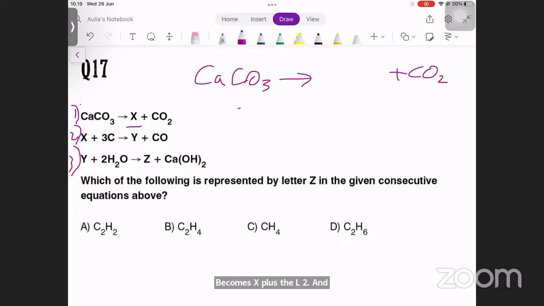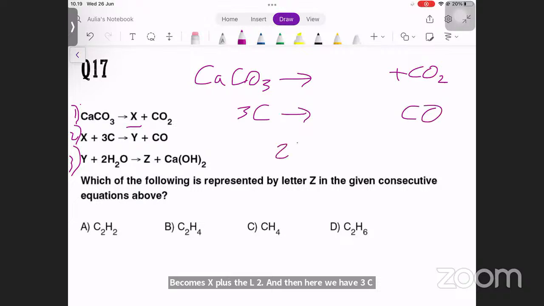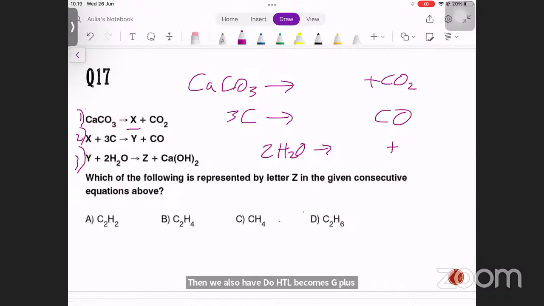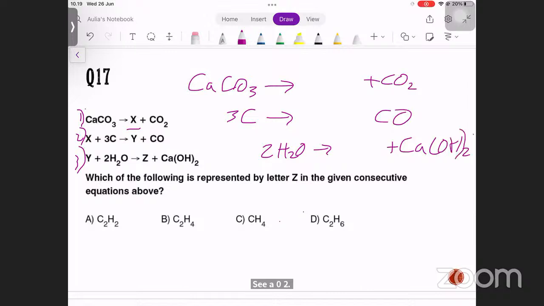And then here we have 3C becomes CO. Then we also have 2H2O becomes G plus Ca(OH)2.